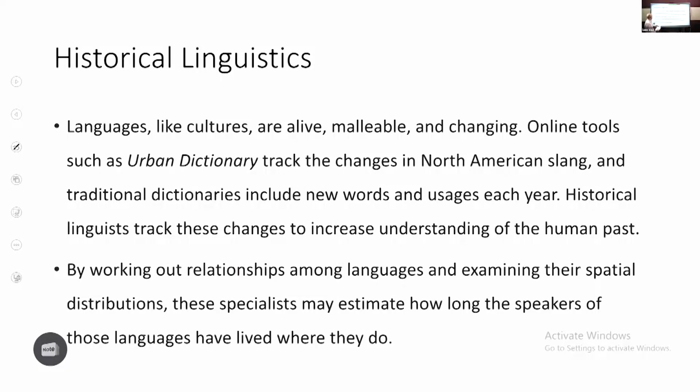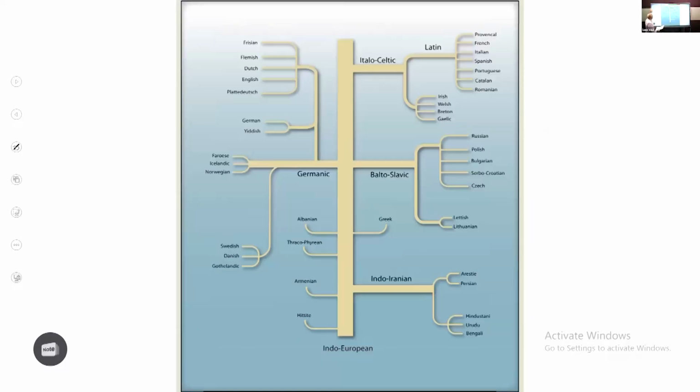So, for example, this chart here shows how, if you take all the world languages and arrange them into families, you will get this kind of a family tree for the world languages. If you see, these are all Indo-European languages. And these are Germanic.